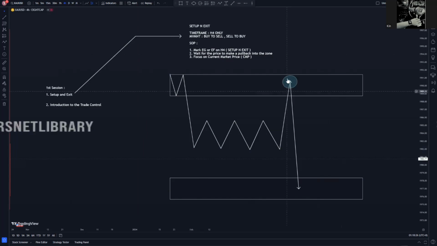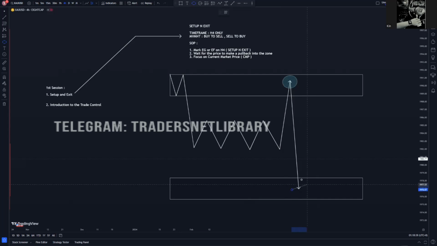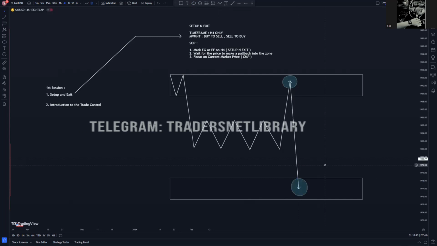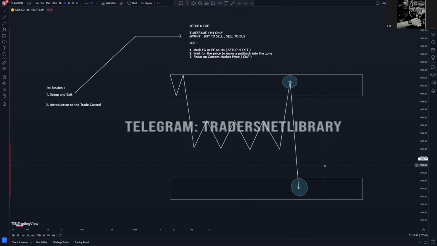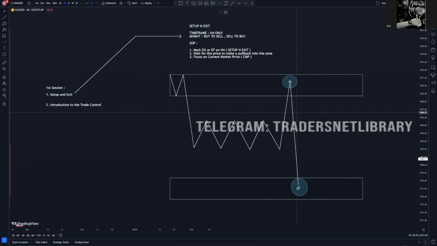So the third SOP is we need to focus on the current market price. Where will our current market price be? It's going to be over here. Get it? So from the buy zone, the price is going to exit on the sell zone.